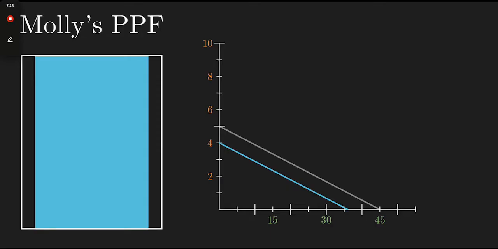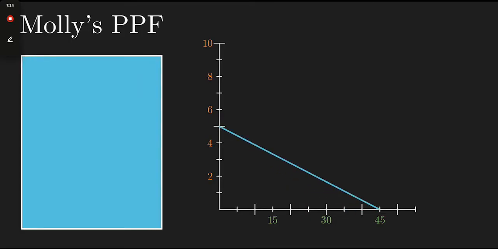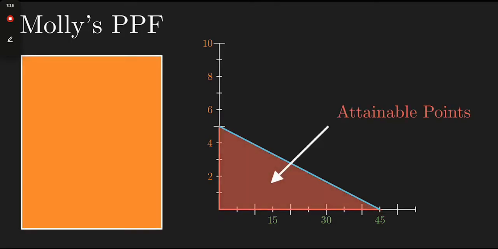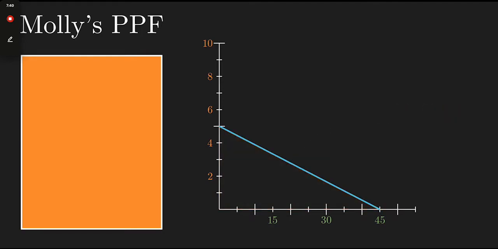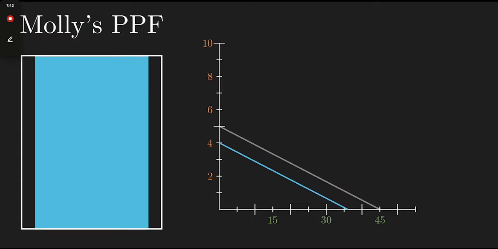But as I've shown here, if she cuts back her hours, this can actually impact her production, her PPF. If she cuts back her hours, this shrinks the amount of space on her farm that she can effectively grow.